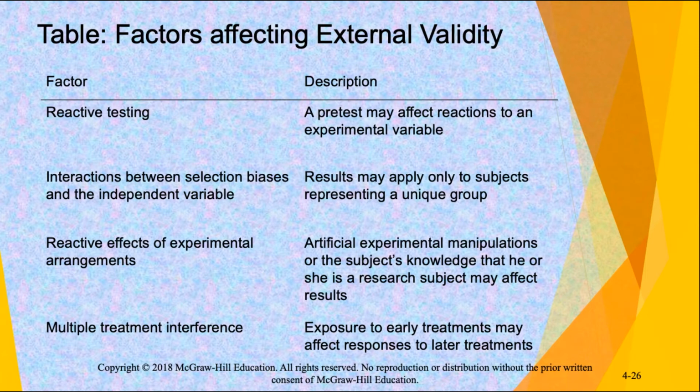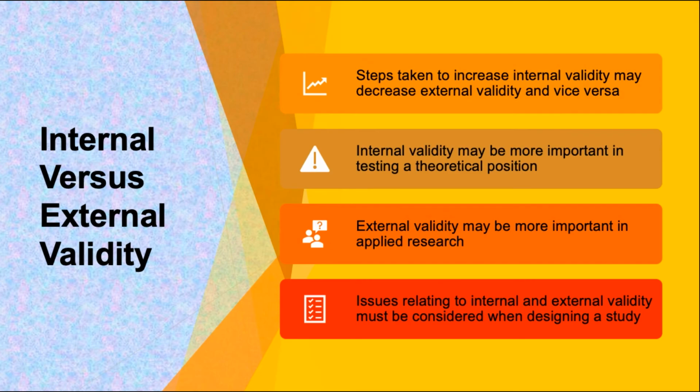Reactive effects of the experimental arrangement, for example, artificial experimental manipulation or the subject's knowledge that he or she is a research subject, may affect the results. And multiple treatment interference, where exposure to early treatment may affect responses to later treatments. Internal versus external validity.